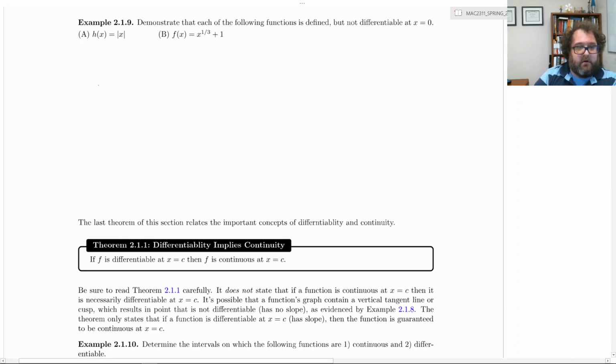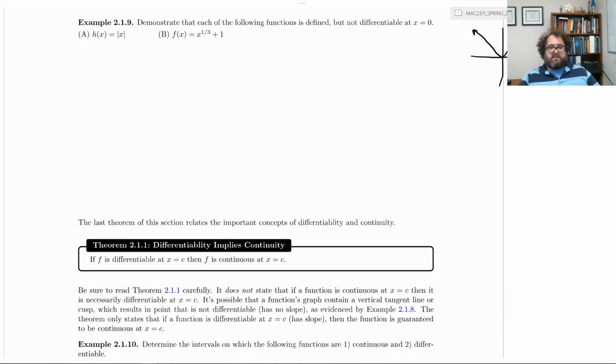All right, and we're familiar with absolute value, right? H of x, if you remember from college algebra, has the graph. Let's just draw the graph. So there's h of x equals absolute value of x.